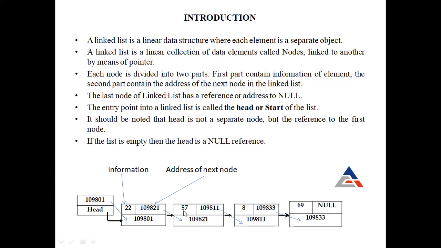Similarly, in node number 2, 57 is the information, and 109811 is the address of the next node. In the third node, 8 is the information, and 109833 is the address of the next node. In the fourth node, 69 is the information, and null. Null means there is no further node in the linked list.